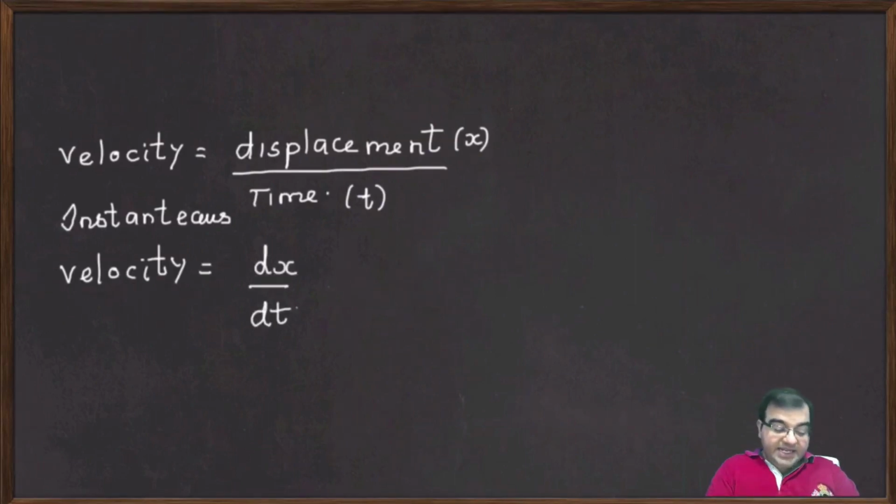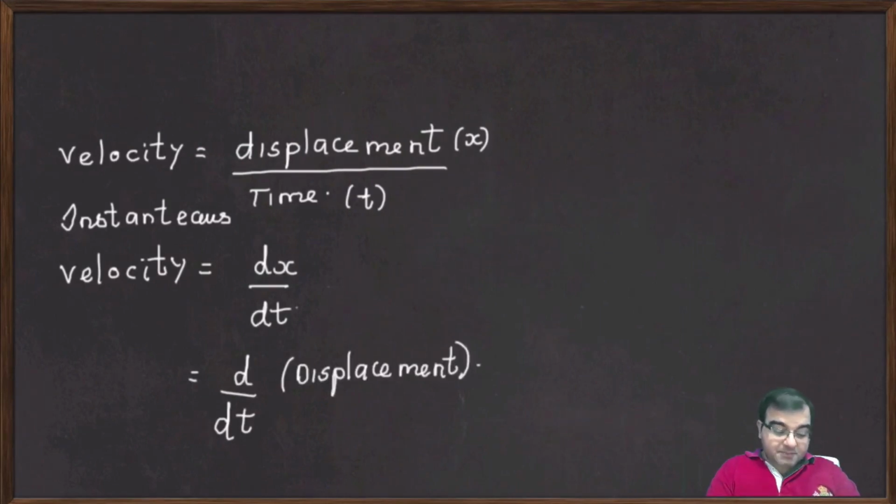So we will write dx by dt. What do you mean by dx by dt? x is displacement, so this is read as the derivative of displacement with respect to time. So how will you learn this formula? You will say velocity is equal to the derivative of displacement with respect to time.